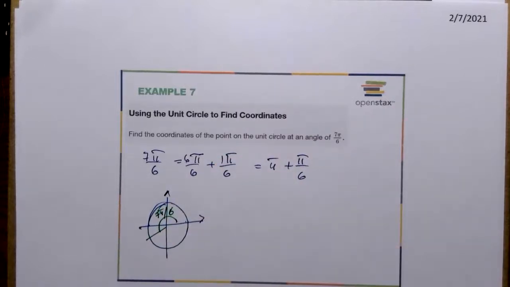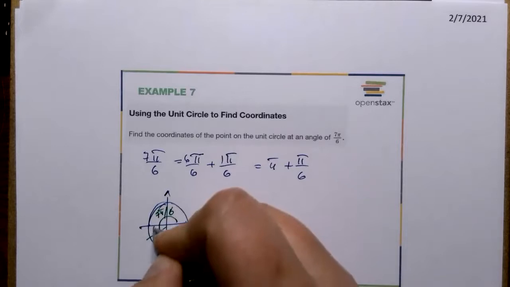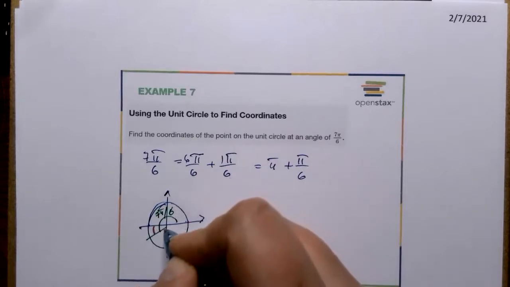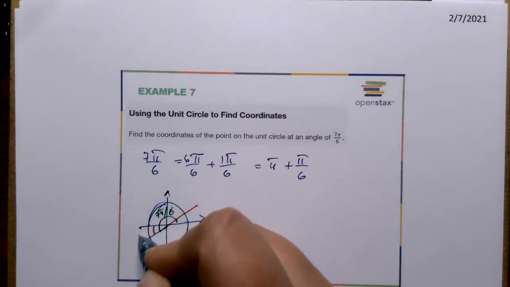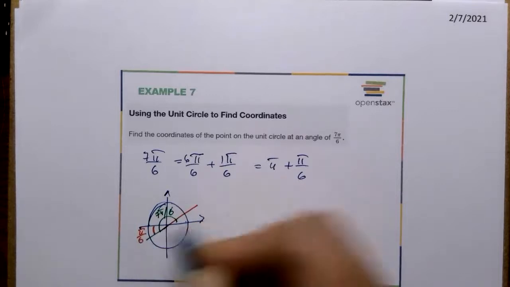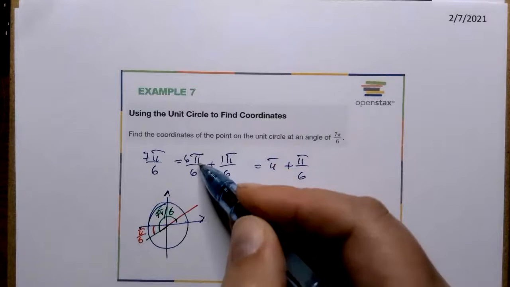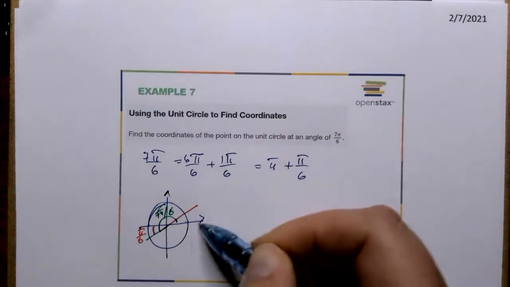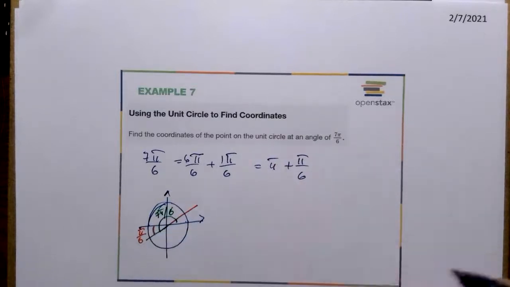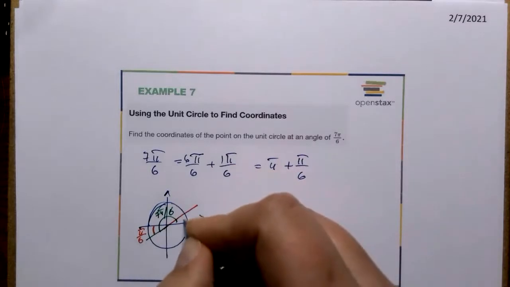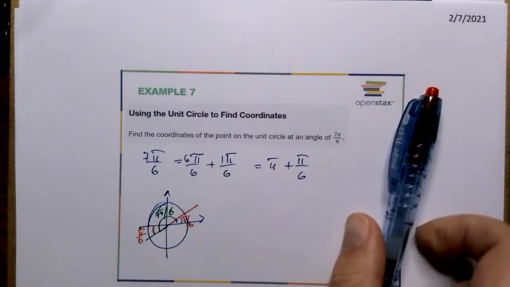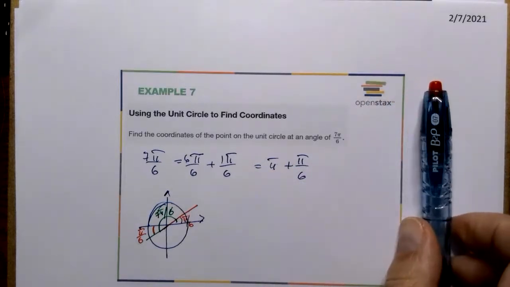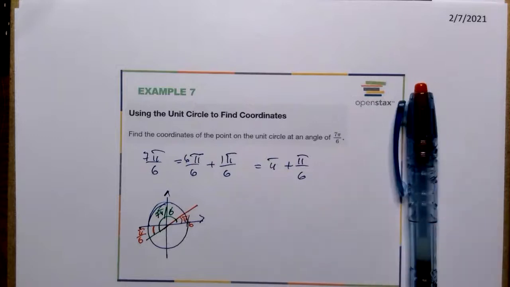And the reference angle right here, if we put it in the first quadrant, we know that this is pi over 6, right? So it's pi plus pi over 6. So pi is right here. This is pi over 6. And so this angle here is pi over 6. Do we know the coordinates? And the answer is yes, we do.